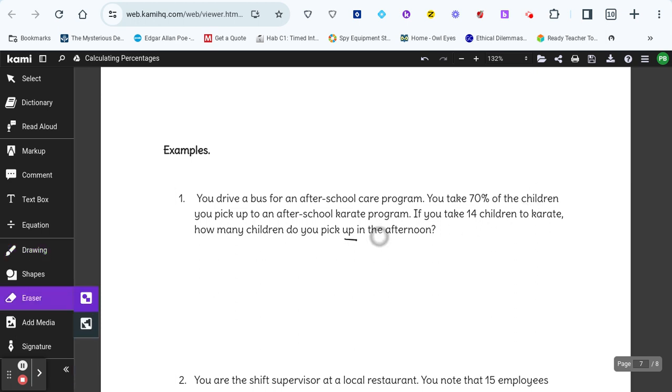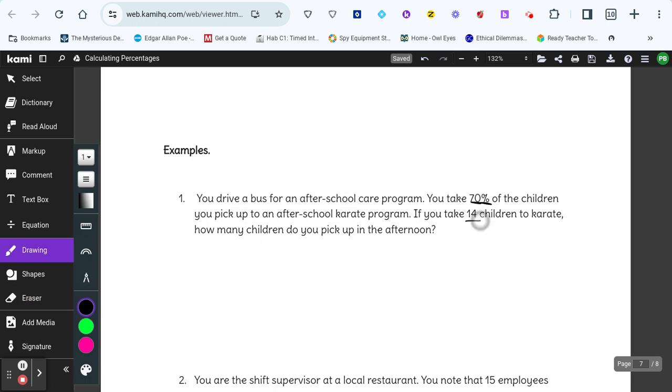I already know that this 70% is only 14 children, but I don't know what the entire 100% is. In other words, how many children got on the bus in all. I know 14 got off at the karate center, but we don't know how many children got on the bus. So here you're missing the original amount or the total.